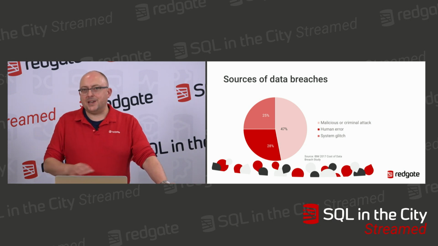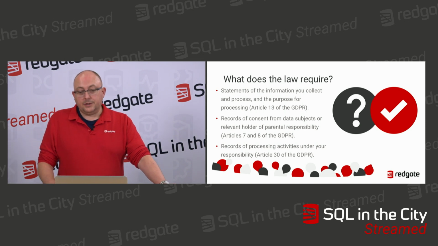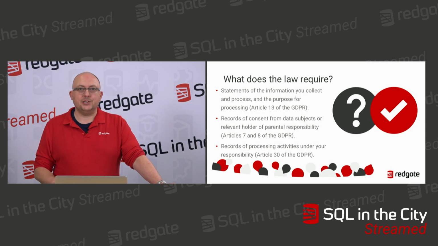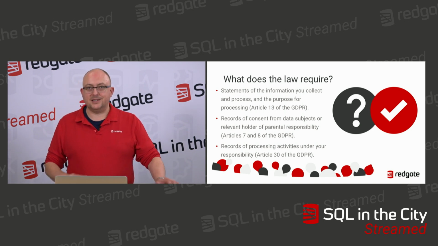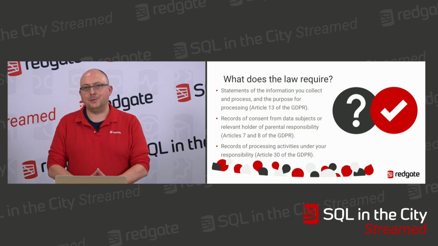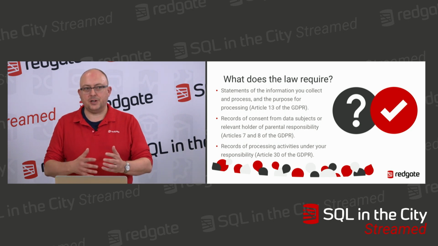So if the main problem isn't always outside the perimeter, what do we need to do about that? Well, the law in GDPR terms is very clear. We need to gather information about what we do with personal data, what the purpose is for processing. We need to obtain records of consent, and this is the bit where some confusion has emerged among marketing teams in many companies, I believe, where they believe that you've got to re-obtain consents.